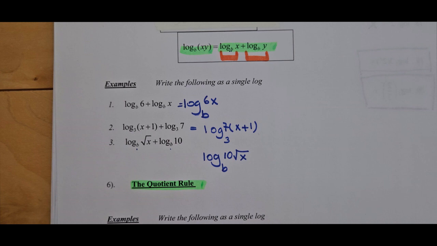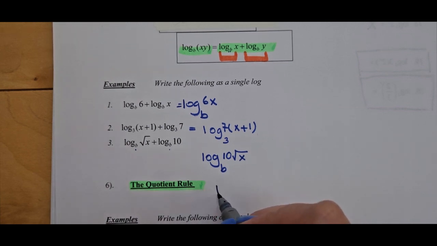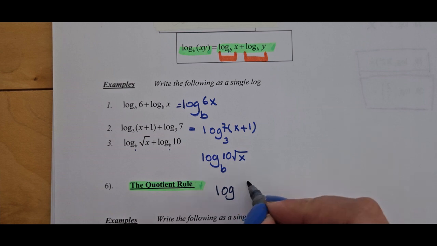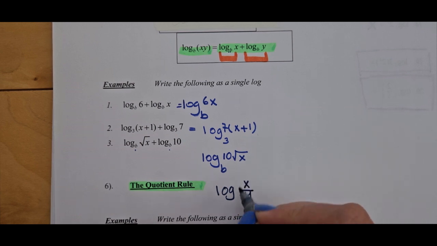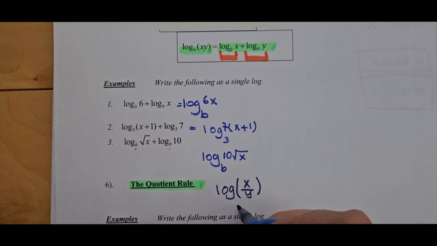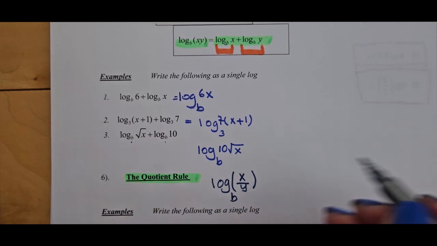Now the other rule, it's called the quotient rule. This is also a very important rule, and it is different from what you have seen before. So here, if you have log of x divided by y, it's a quotient, to the base b, which could be anything.